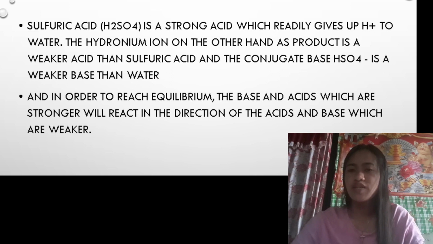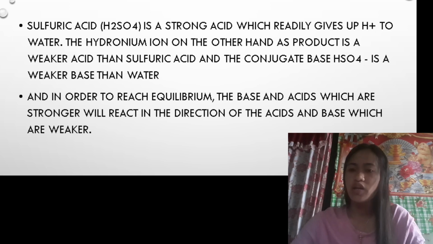Let us first define what chemical equilibrium is. Chemical equilibrium is a state in which the rate of the forward reaction equals the rate of the backward reaction. In other words, there is no net change in concentrations of reactants and products. In order to reach equilibrium in the chemical reaction, the stronger base and acid will react in the direction of the weaker acid and base.